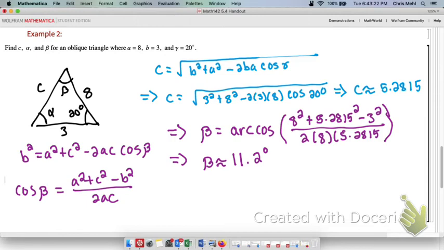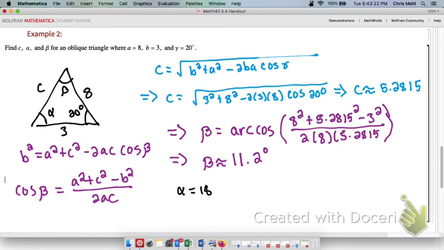But when you use arc cosine to solve for an angle, you're going to get a technically different value than when you used arc sine. Okay, they're going to be the same up to 2 decimal places. This is why I had you round c to 4 decimal places, so that we lessened the impact of rounding errors.